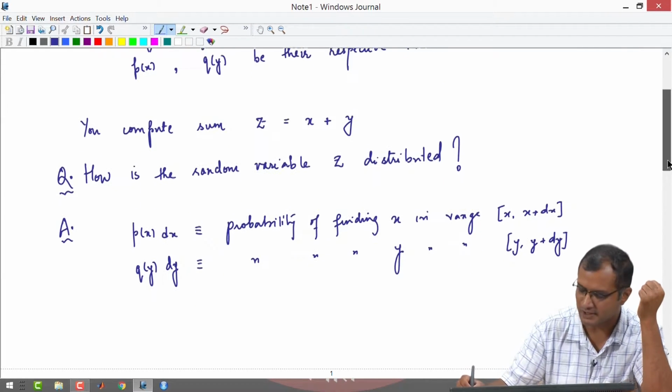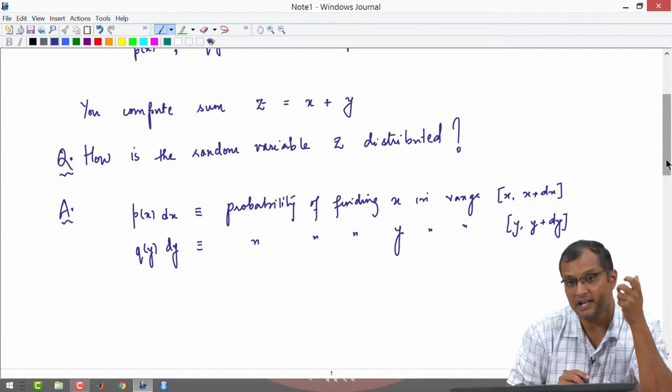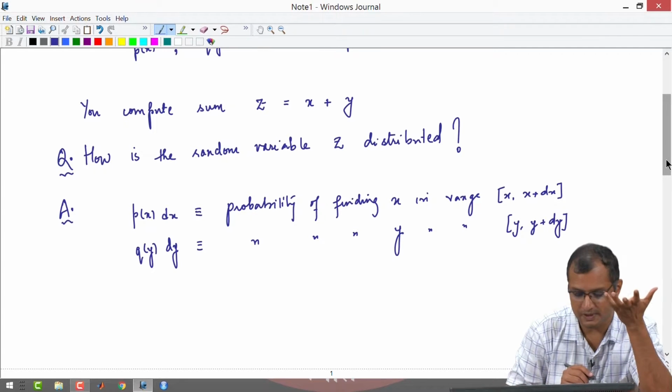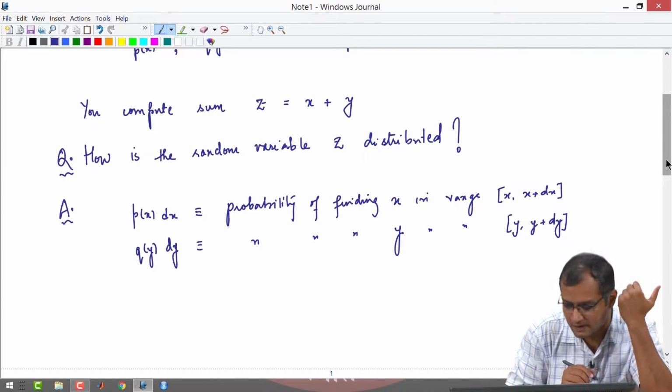So, you have to be careful here. If I am asking what is the PDF of the random variable z, which is basically the answer to the question how is random variable z distributed, where it is distributed as its PDF.